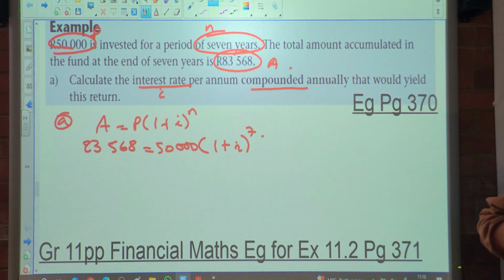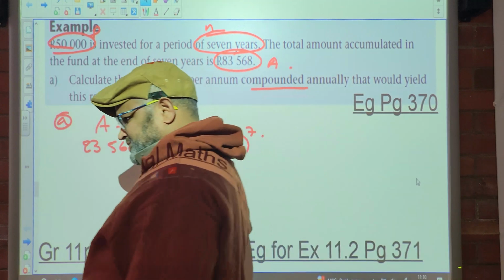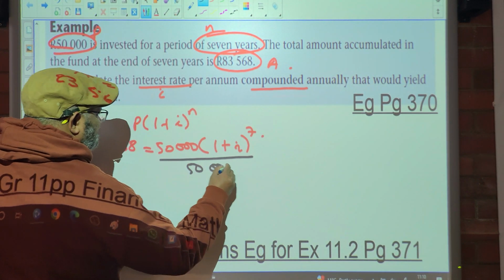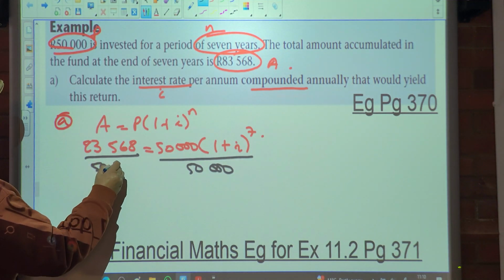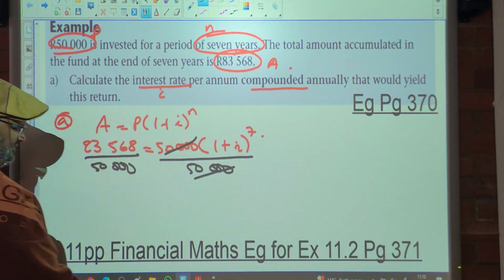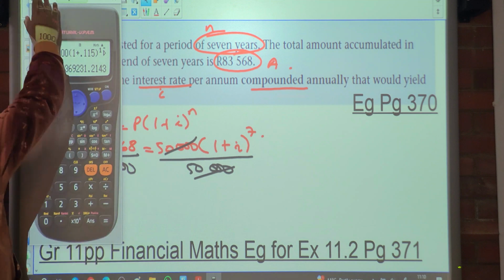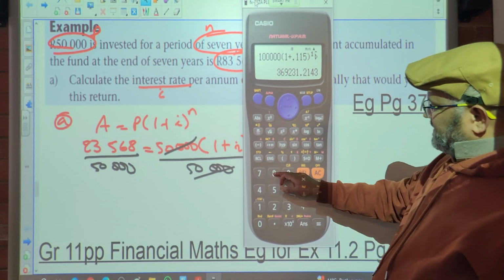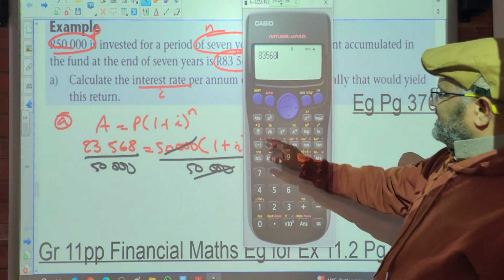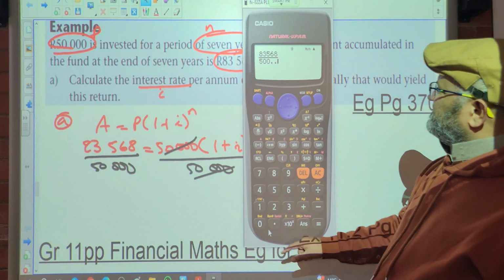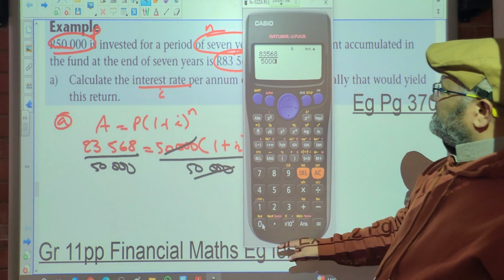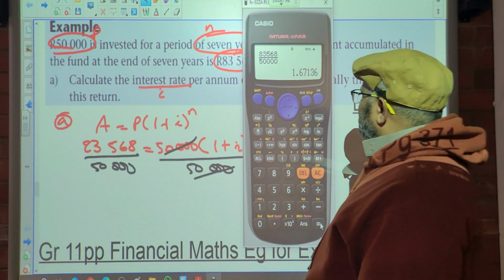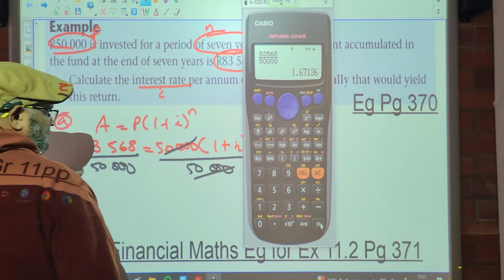Right, in pursuit of calculating I, where do I start? Divide by 50,000 both sides. 50,000 gone. So what I have is 83,568 rand over 50,000, which gives you 1,6713.